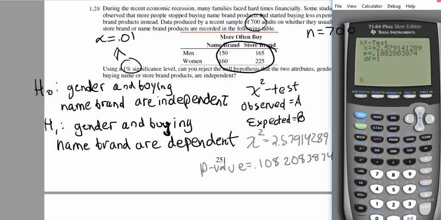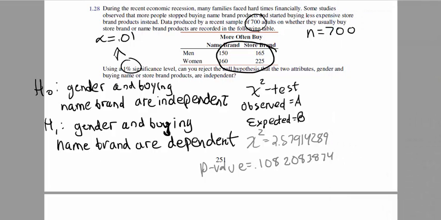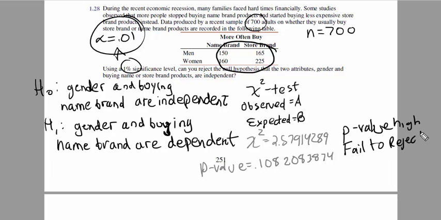So I'm going to close that, and that actually is a high p-value because it's higher than 0.01. So the p-value is high, so then you're going to fail to reject H0 because the null will fly.